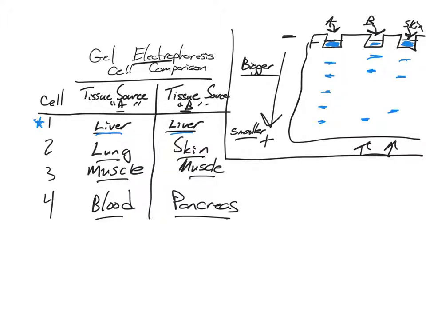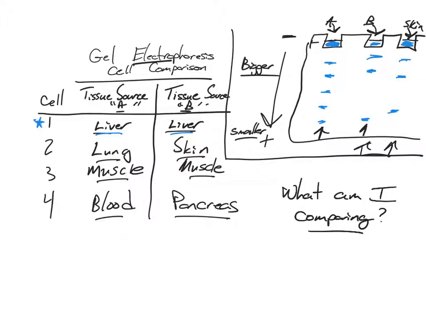So the question you have to ask yourself is: what am I comparing? When I say that this banding pattern is the same as this banding pattern, what molecule am I putting in there?